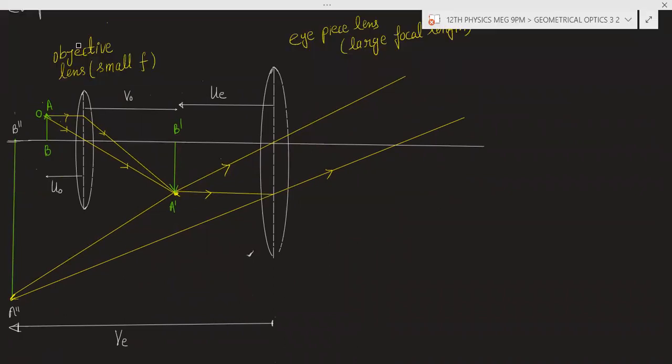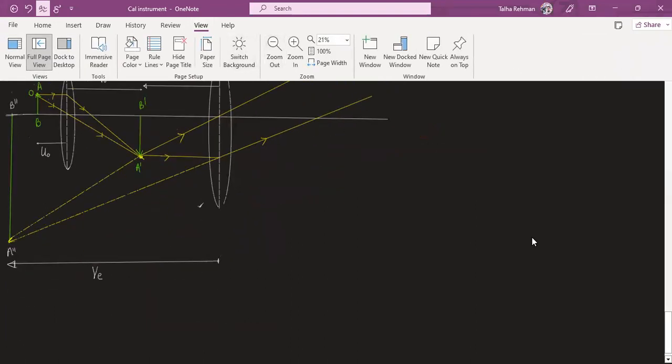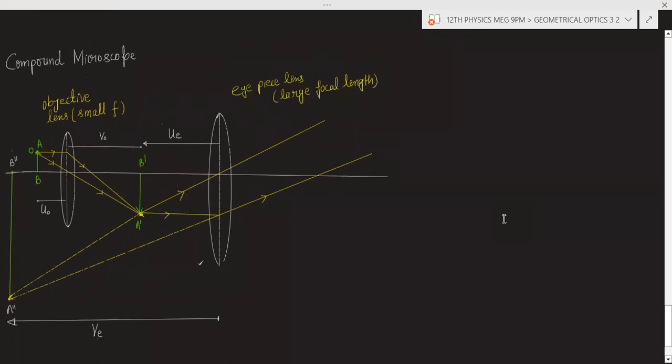Actually, that will be dotted line. This will be dotted line because these are producing. Now you can take the screenshot. Just a minute, I am zooming in, zooming out. Now I think you can take.